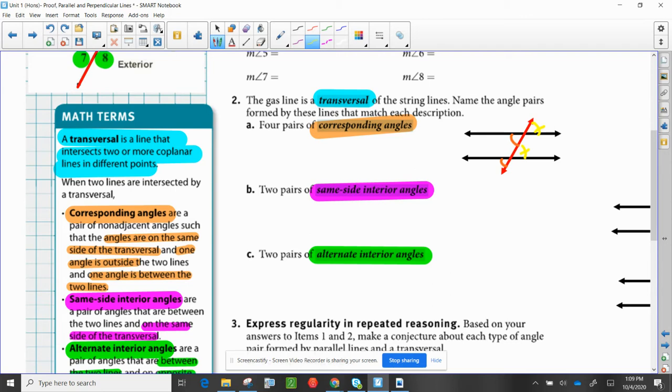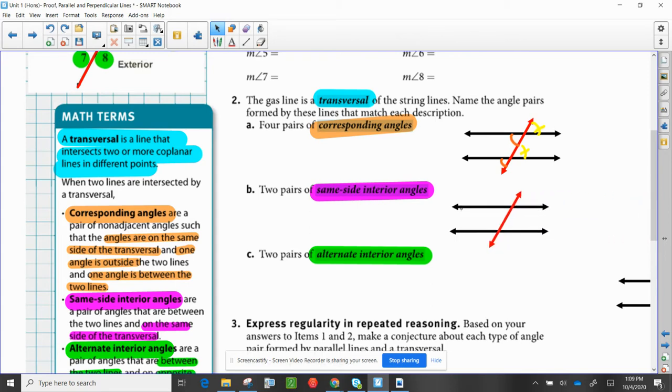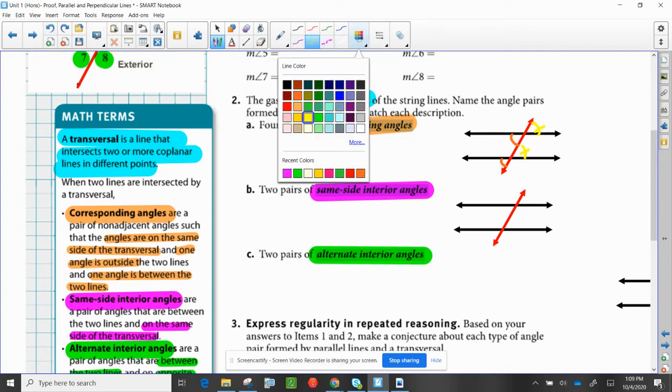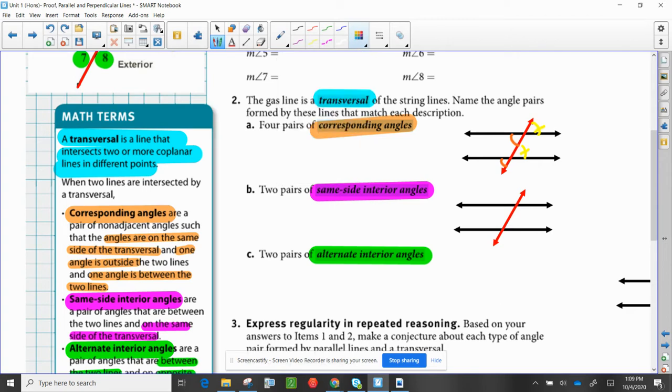The other angles we have are 2 pairs of same side interior angles. Remember, the interior angles are the angles in here between your parallel lines. And if they're same side, that means they're on the same side of the transversal. An example of same side interior angles would be this angle with this angle.